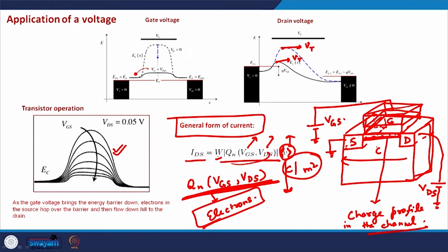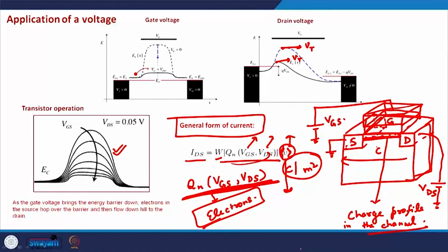This is not true just for the MOSFETs, because in any device, if we have a charge density and we also know how fast it is moving, the current through that device will be given by the multiplication of the charge density with the velocity, and we also need to multiply by the width.